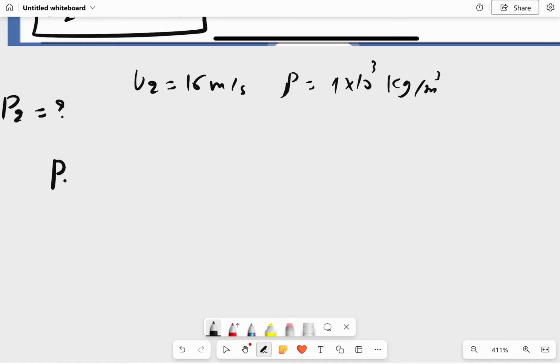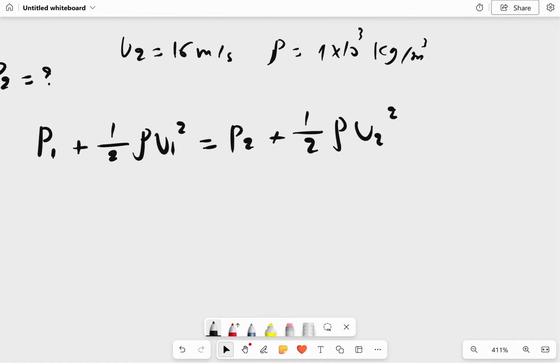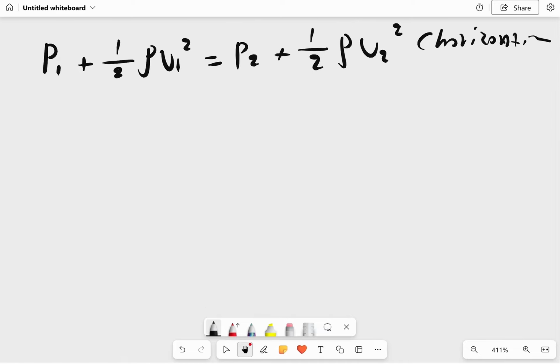So P1 plus 1 over 2 rho V1 squared is equal to P2 plus 1 over 2 rho V2 squared this time. And then this is horizontal. I could just write horizontal. Now guys, we need to find what?